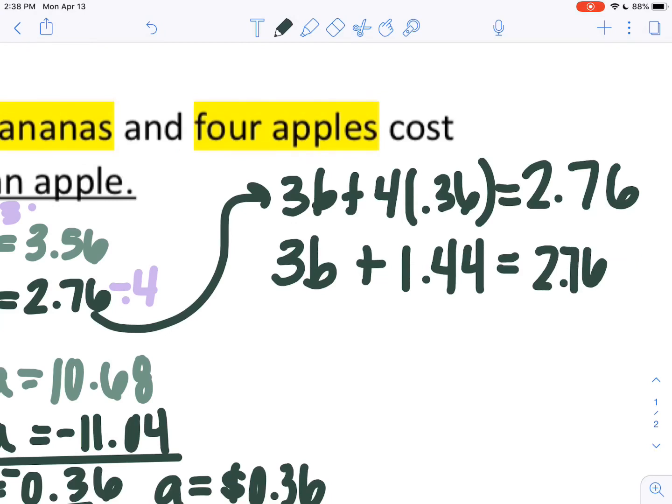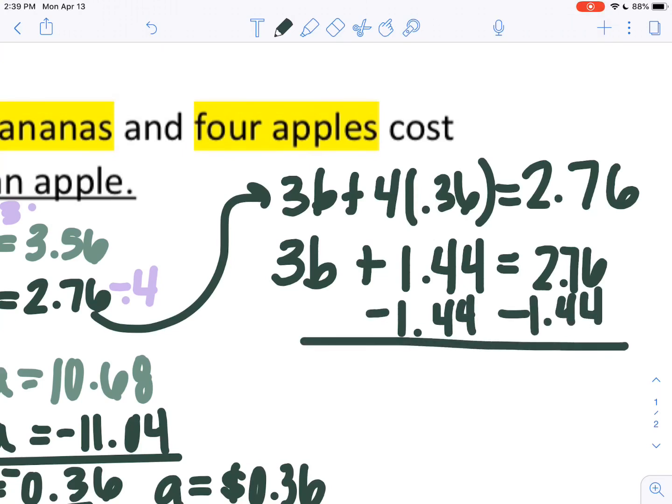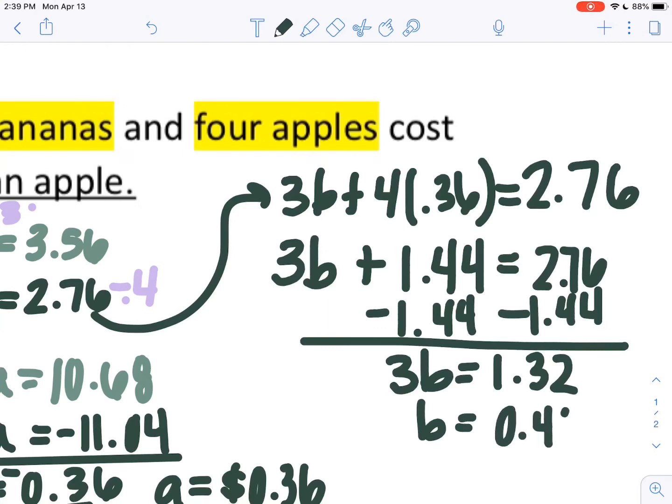We're going to subtract 1.44 from both sides. So 3b equals 1.32. Divide by 3, so b equals 44 cents.